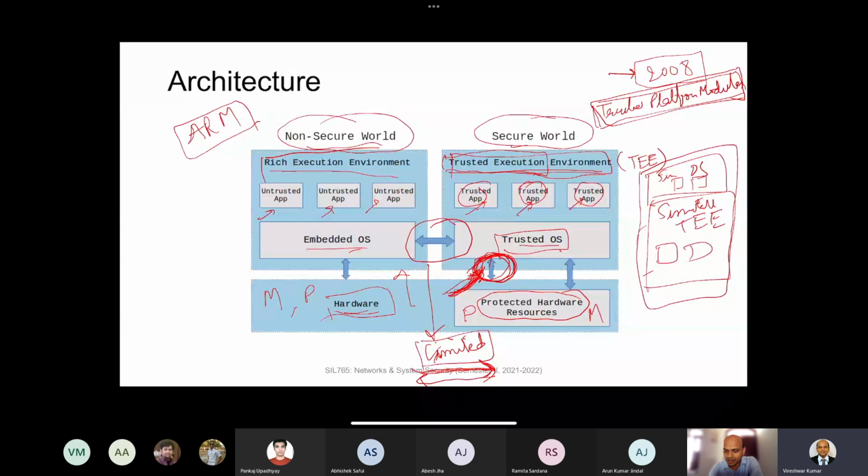Any device that you might be using, let's say a Dell laptop with the Windows operating system, will have a trusted platform module. That can actually do trusted execution.